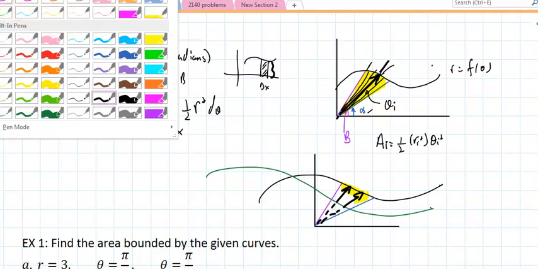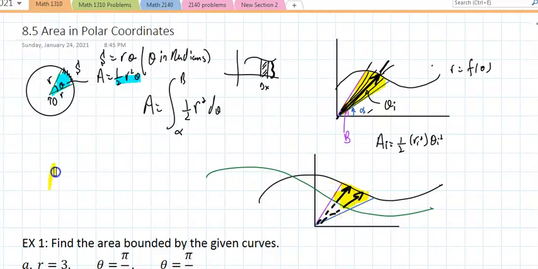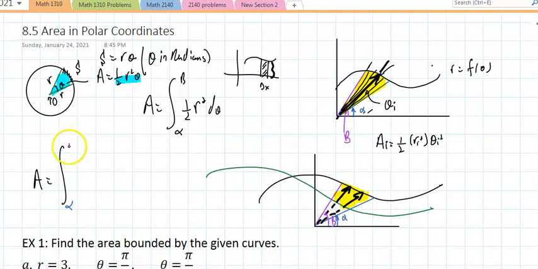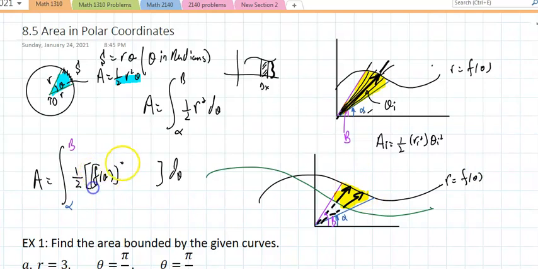We take the area of the desired region to be the integral, still from whatever this angle is to still whatever this angle is, of 1/2, I could factor the 1/2 out, of the tip, calling this r equal f of theta, so the tip of the arrow minus the base of the arrow. And that's how it works.